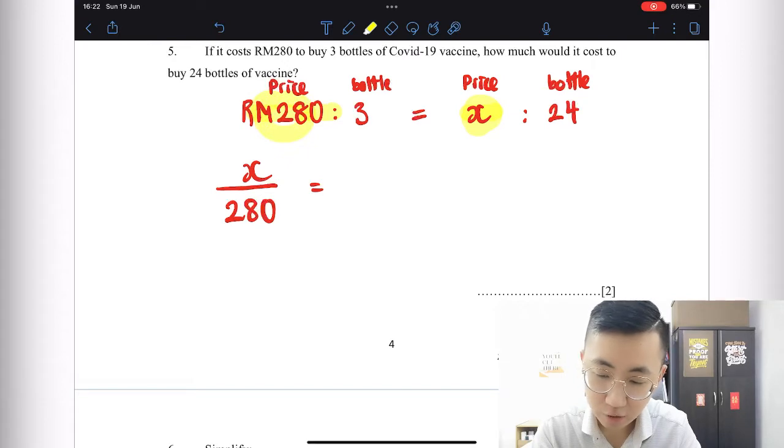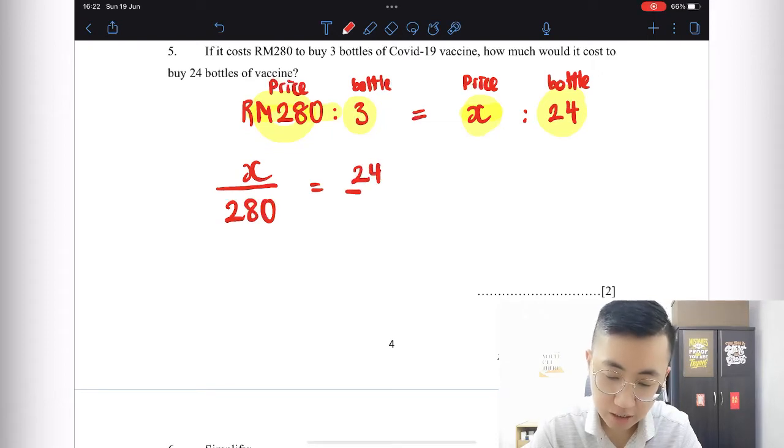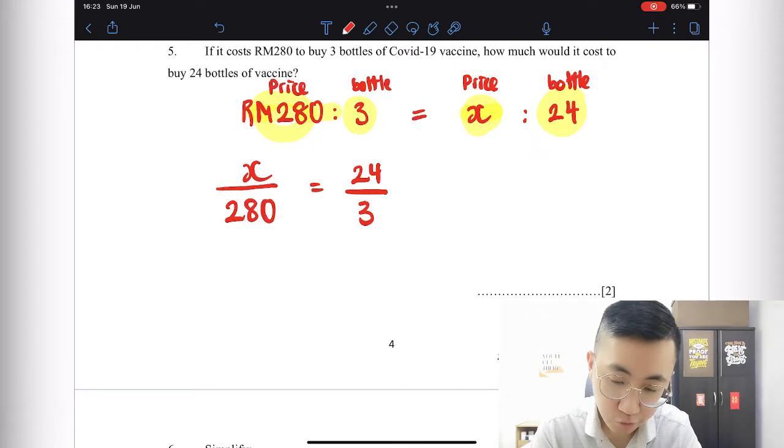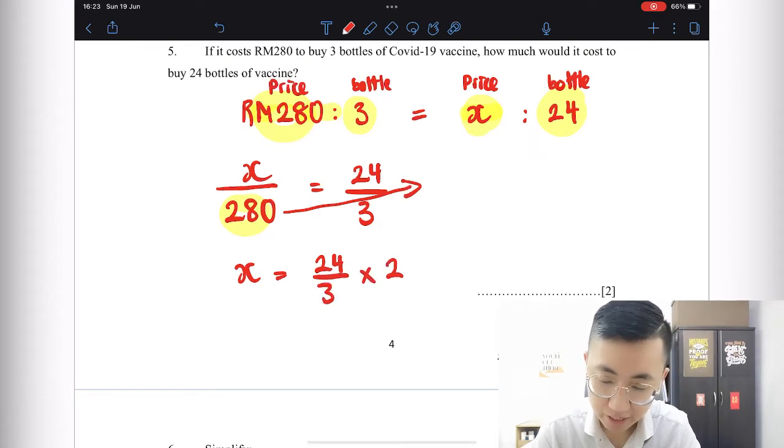Same method, you take the right hand side 24 divided by the left hand side. So you are going to do 24 divided by 3, like that. And then you are going to move your 280 towards the other side to become multiply. Alright, so X is actually 24 over 3 multiply with 280.